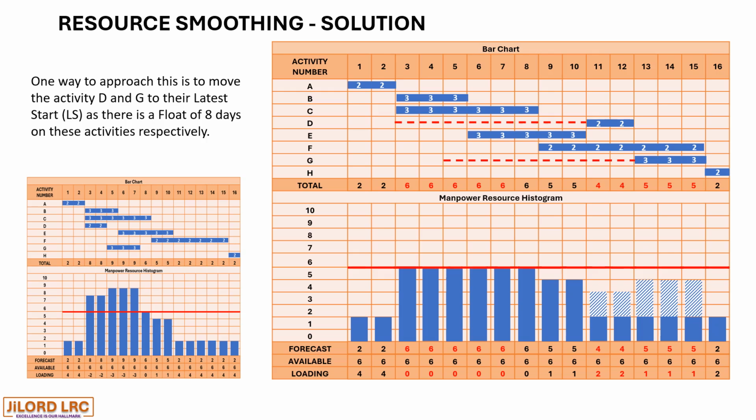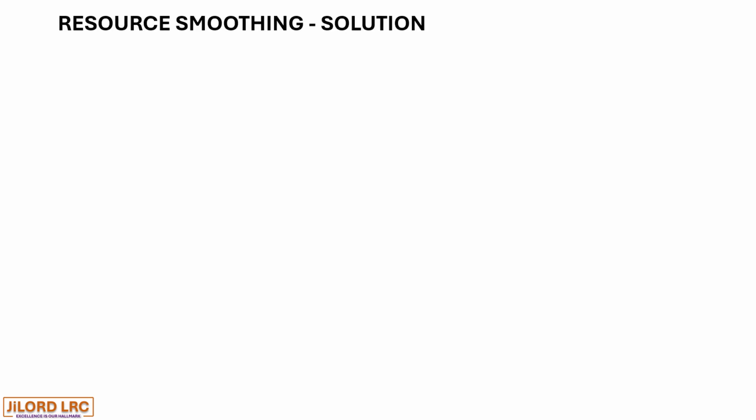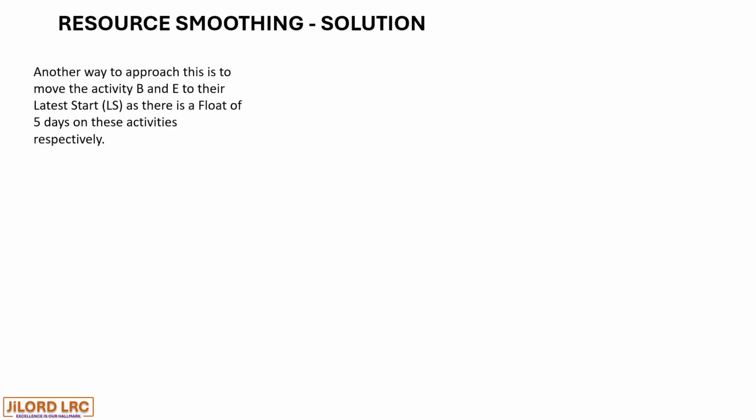Let's look at another way, the same problem. Another way to approach this is to move the activity B and E to their latest starts, as there is a float of 5 days on these activities respectively.